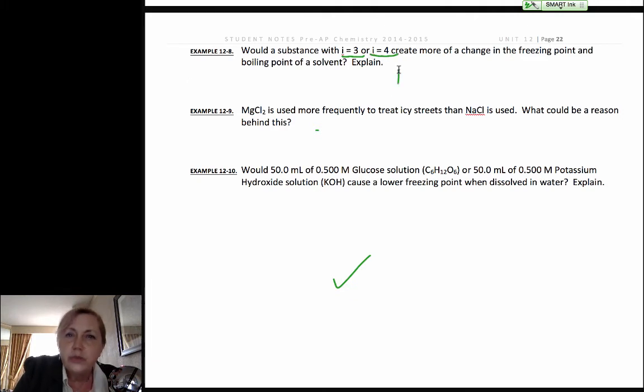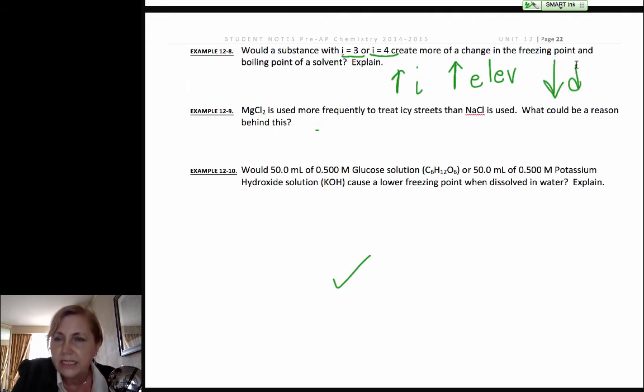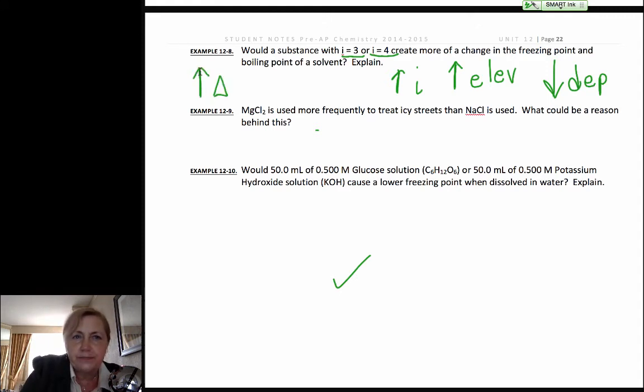As you increase I, you will increase the elevation of the boiling point, and you'll make the depression even more depressed. You'll make it even lower. You can think of it this way, you will increase the change in the temperature for your phase transition. So it makes it lower if it's freezing, and it makes it higher if it's boiling. So the greater the I, the greater the change.